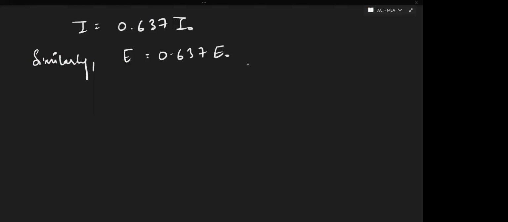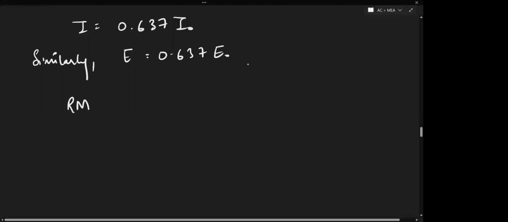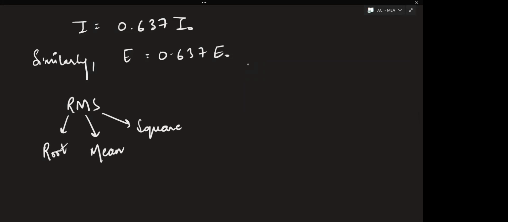So let's see, root mean square. RMS basically means root, M means mean, S means square. We can also call it virtual value of AC or effective value of AC; all these names are applicable.